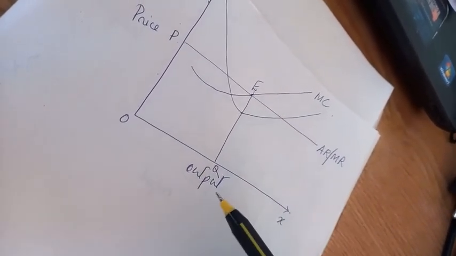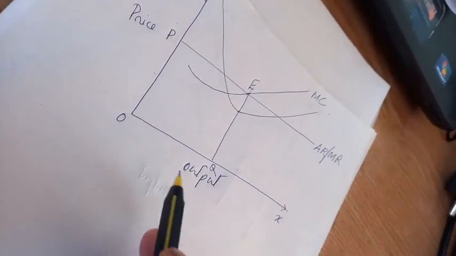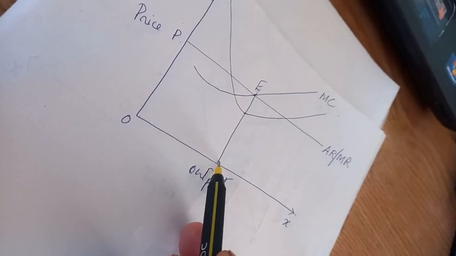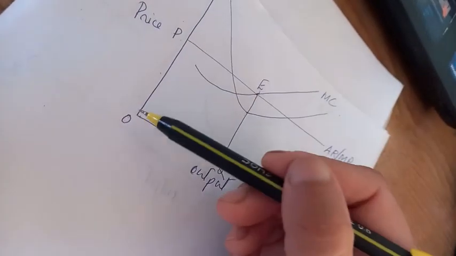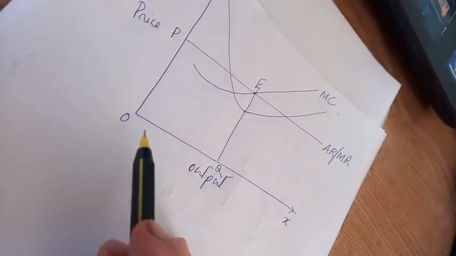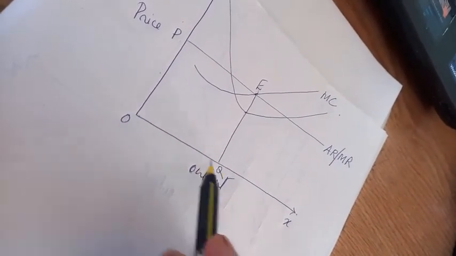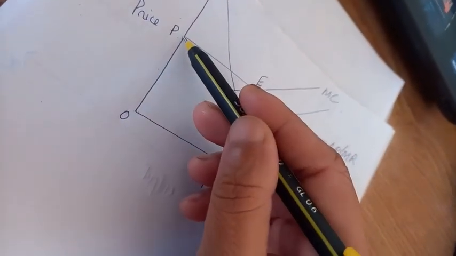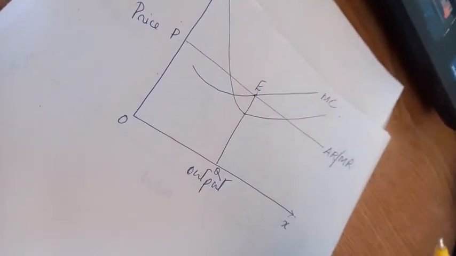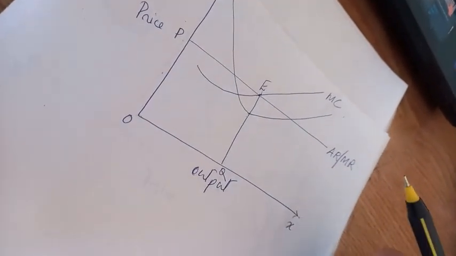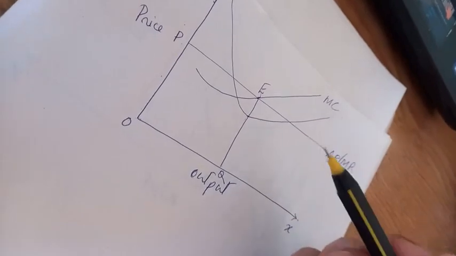So this shows that this particular firm or producer is producing OQ as output and charging OP as the price. After producing OQ as the output and charging OP as the price, let us check whether this firm is enjoying profits or is incurring a loss.